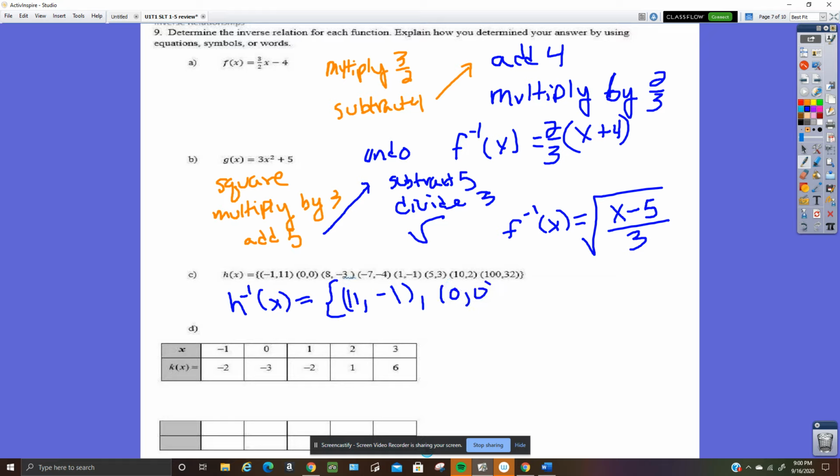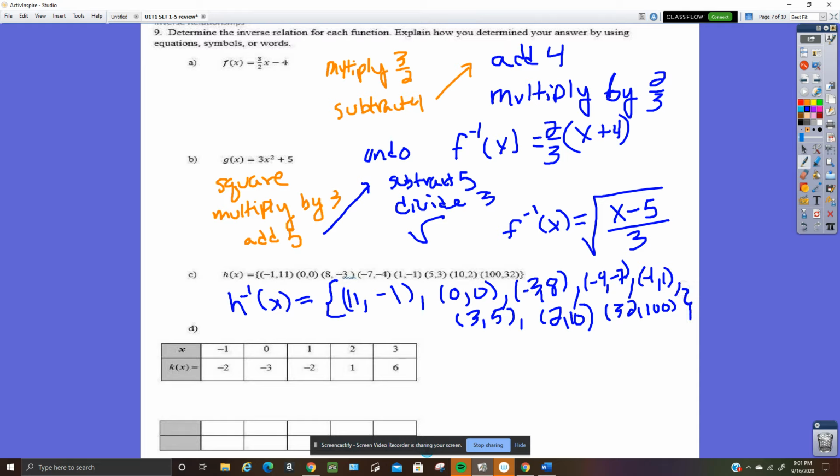So 0, 0 remains 0, 0, 8, -3 becomes -3, 8, -7, -4 becomes -4, -7, 1, -1 becomes -1, 1, and why they put so many points here, I don't know. You just get the idea of swapping the x and y here. 3, 5, 2, 10, and 32, 100.